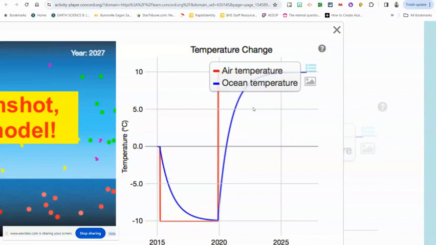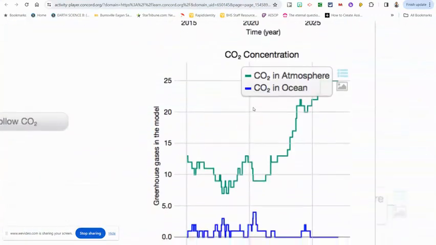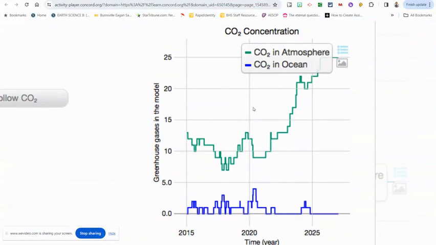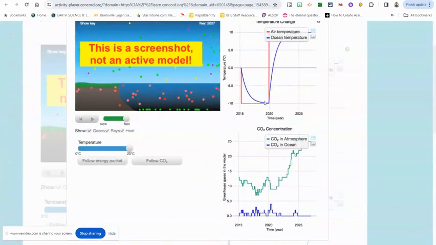That's because it takes energy, it takes time to warm up and cool off water, more so than air. The next graph shows carbon dioxide concentration in green, as well as the amount of carbon dioxide in the ocean. This is being related also to the air temperature.